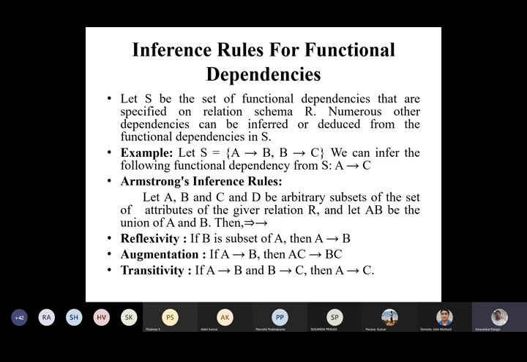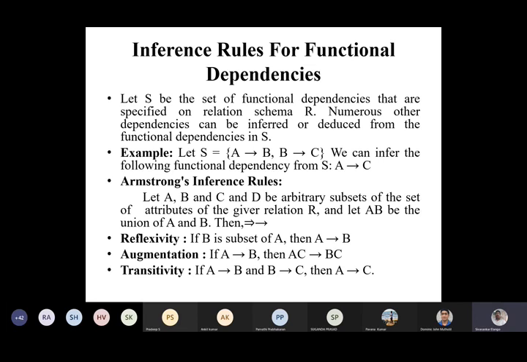So if you augment some attributes in the left hand side and the same attributes in the right hand side, it holds good. And in the case of transitive property, if A determines B holds good and B determines C holds good, then A determines C also holds good in that relation. So it is known as transitivity property.